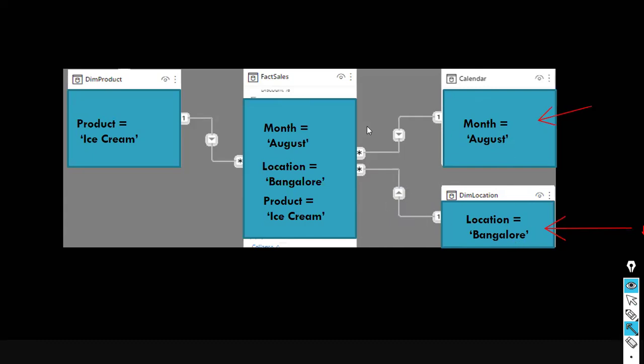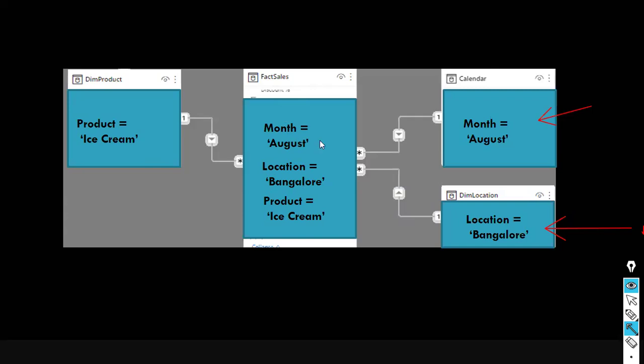These two filters are sent to the fact sales table, along with one more filter, ice cream. So the fact sales table filters the transactions based on these three conditions: location Bangalore, product category ice cream, and month August.